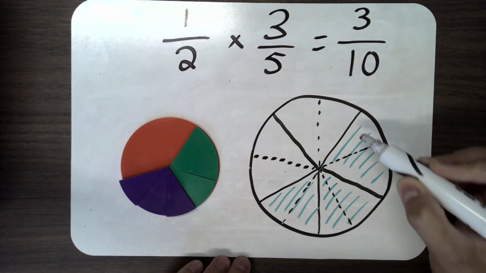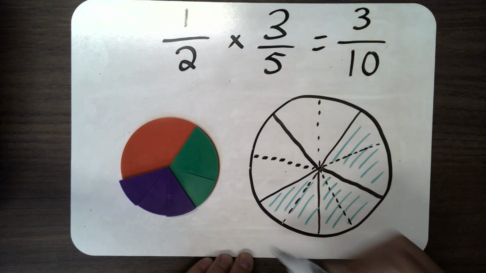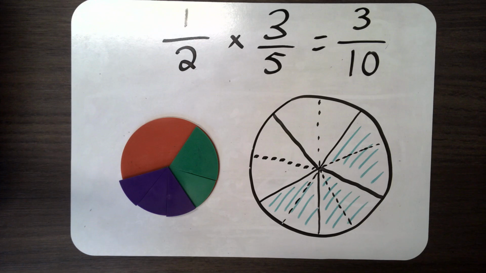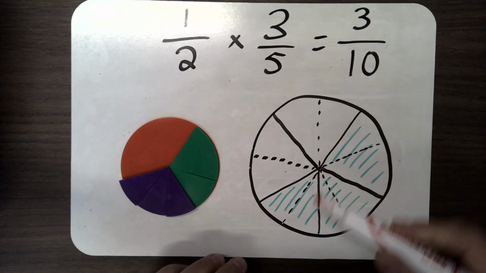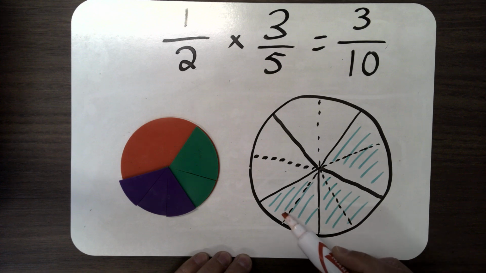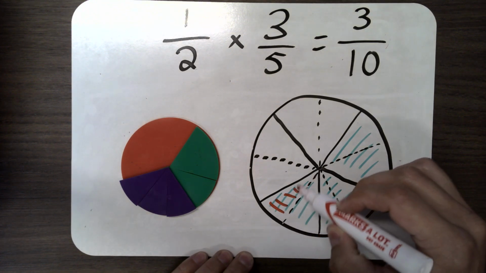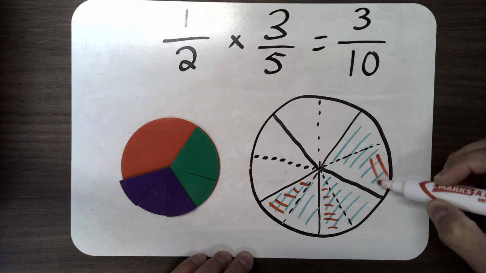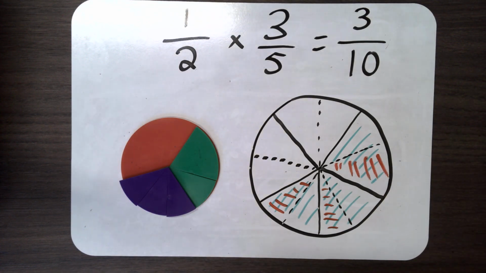Okay, so now I have 6 parts out of the total 10 parts, so I have 6/10. And then if I want half of this group of 6/10, we could shade in these 3, or I'm going to shade in half of each, so we're taking a half of each fifth here with the red.